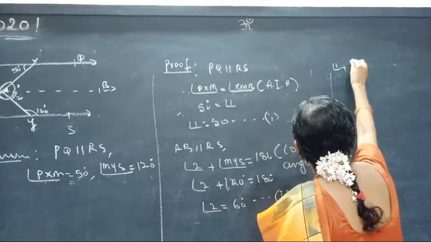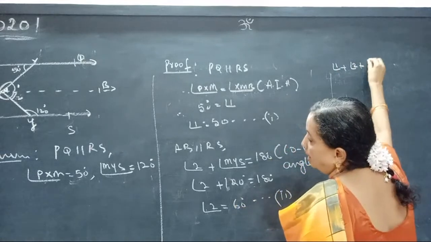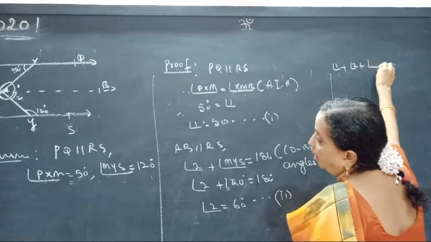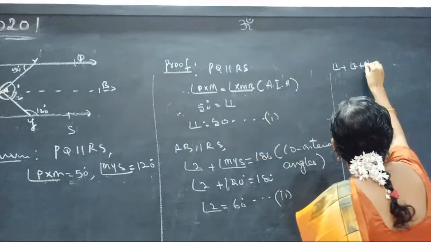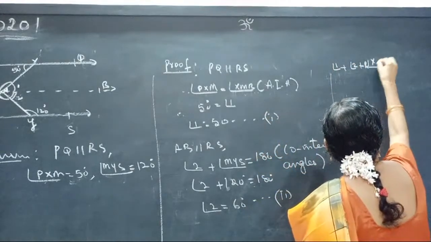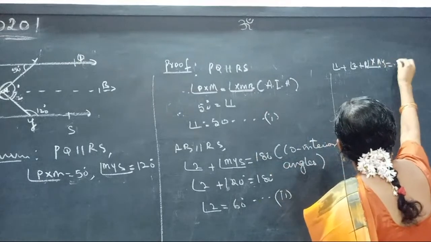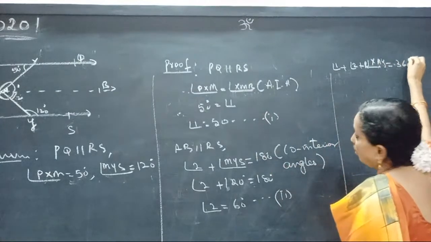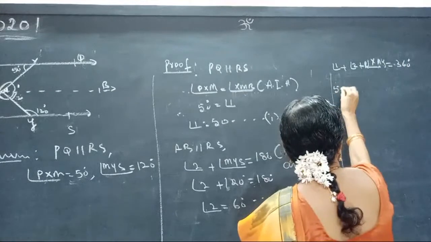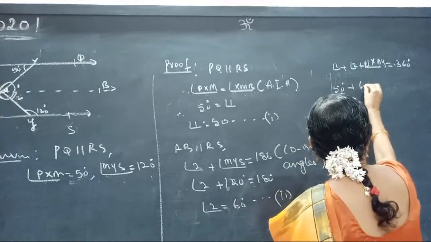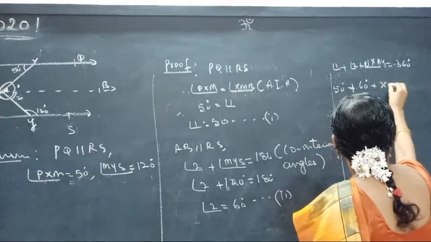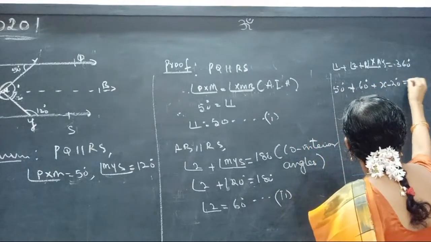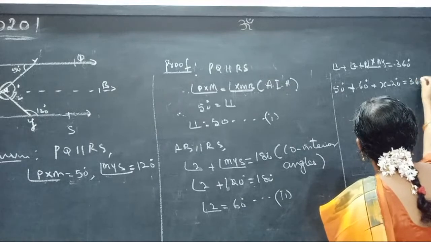Angle 1 plus angle 2 plus reflex angle XMY equals 360 degrees, where angle 1 is 50 degrees, angle 2 is 60 degrees, and the reflex angle is x minus 20 degrees.